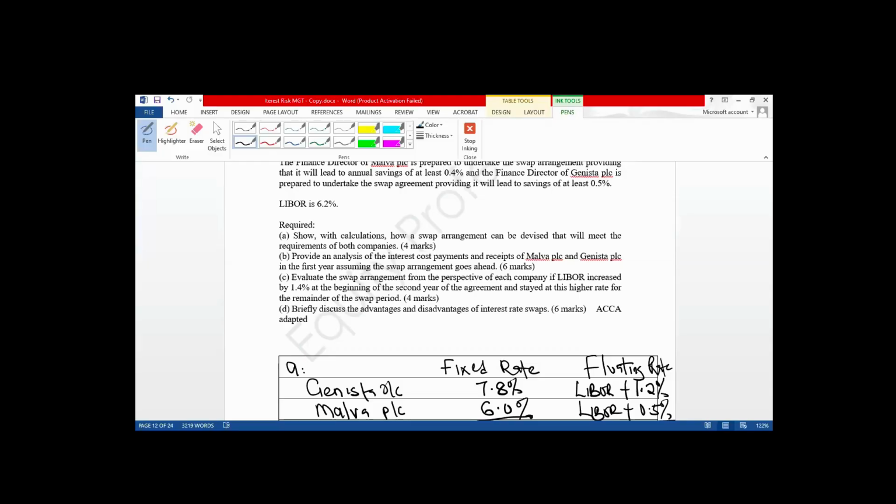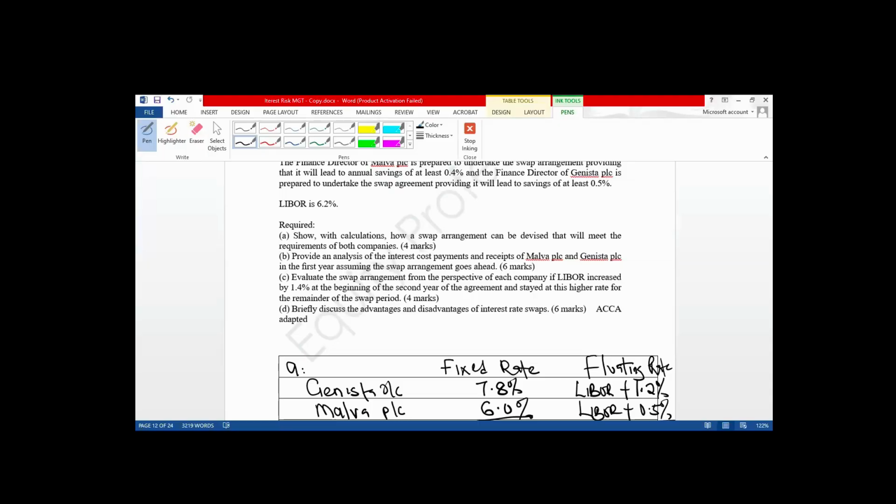Please, what is the examiner asking you now? Any opinion? Provide analysis of the interest cost payment and receipt. What the examiner is asking you now is step 2.